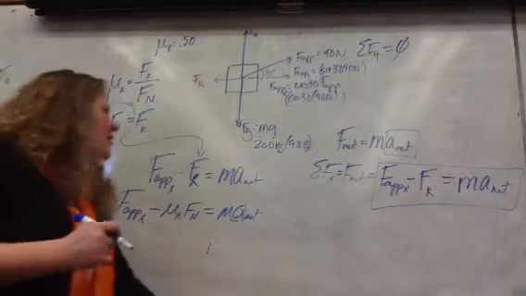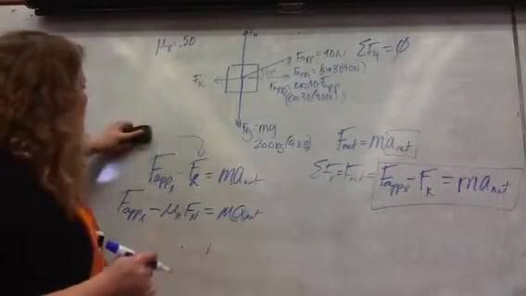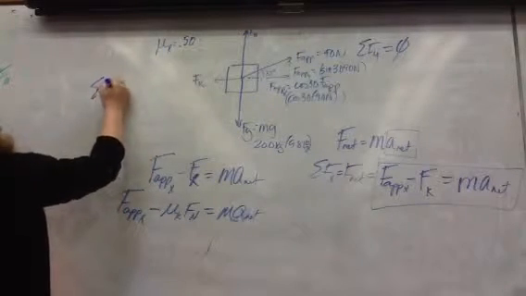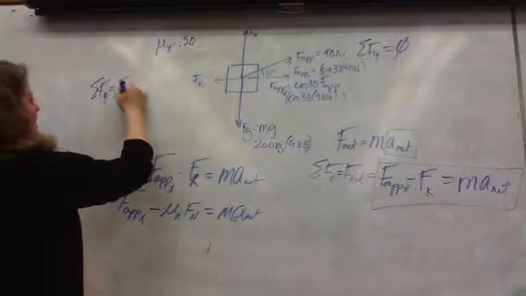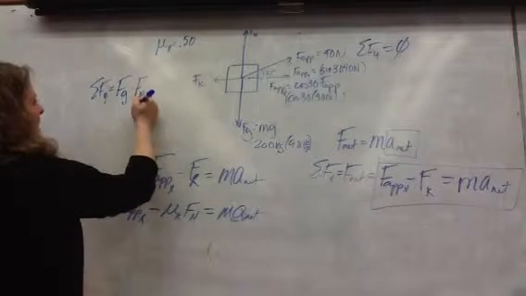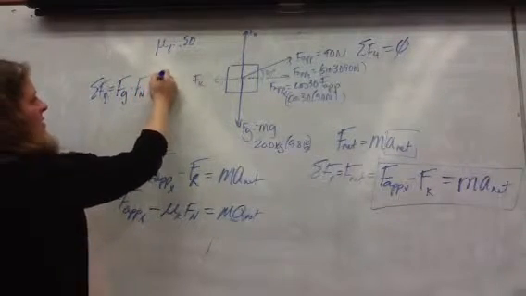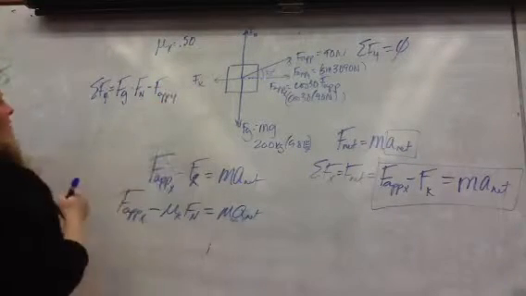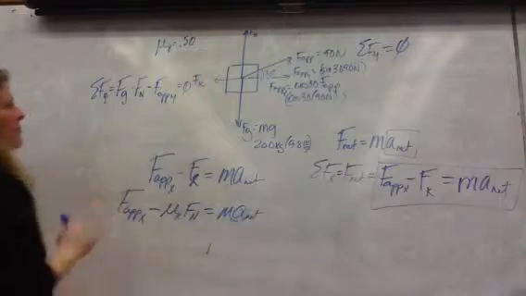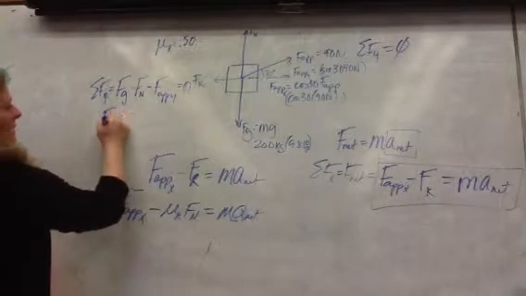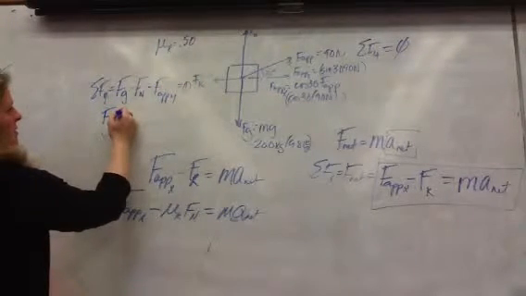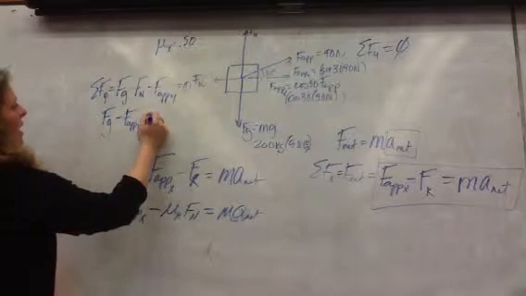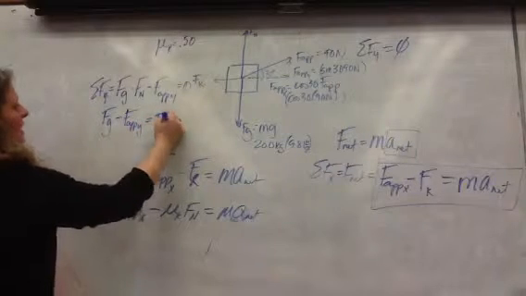No! All right, back to our side expressions. So sum of forces on the y equals Fg minus Fn minus F applied y equals 0. Fg minus F applied y equals Fn.